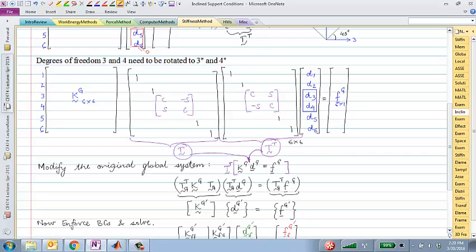Okay, so just to make that a little more concrete, this now becomes D double prime, which looks like D1, D2 in the global coordinate system, D5, D6 also in the global coordinate system, but D3 double prime and D4 double prime in the inclined coordinate system.